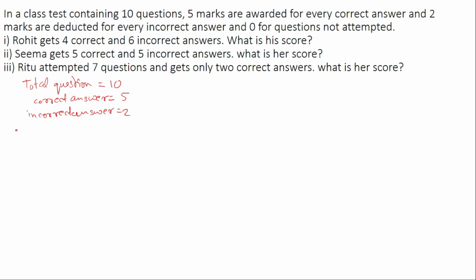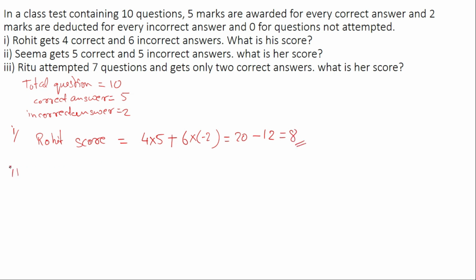So first question, Rohit gets 4 correct and 6 incorrect answers. So Rohit's score will be 4 into 5 plus 6 into minus 2. That means 20 minus 12, it will be 8.